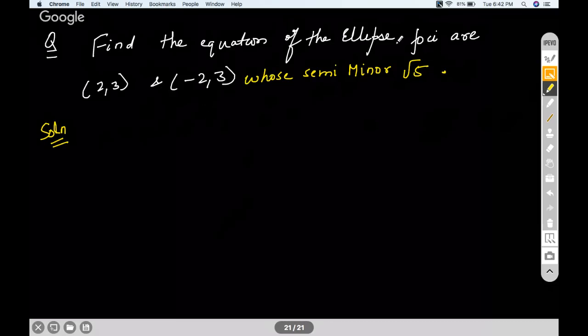So I have made the required correction. Also include this as part of the question: semi-minor axis is root 5. Now can you try?